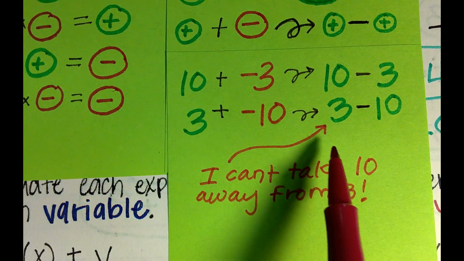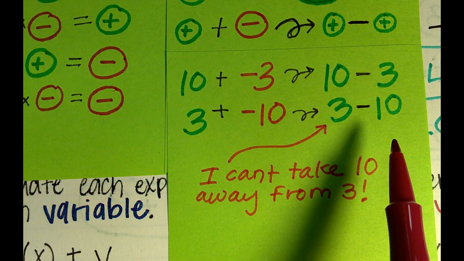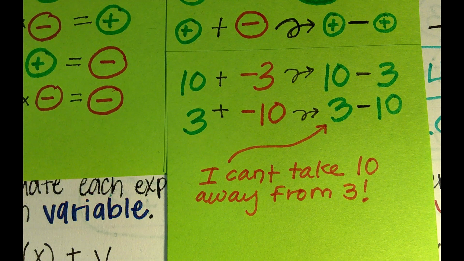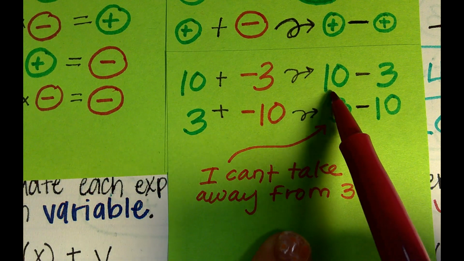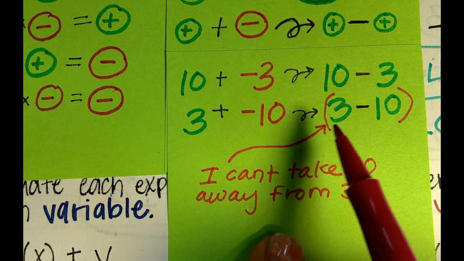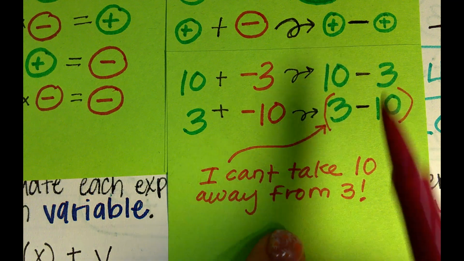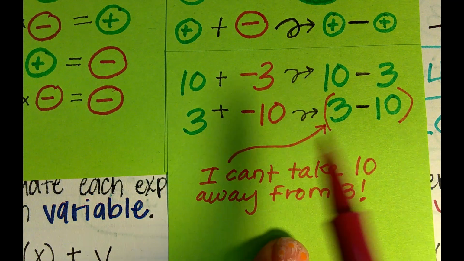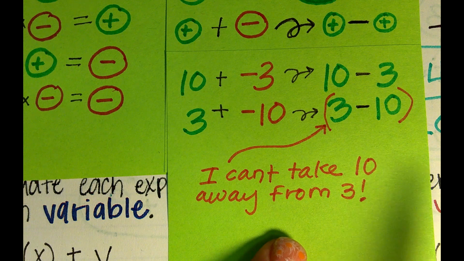So whenever you have a problem where you are trying to take away more than you have, we're going to flip the problem and also flip our answer. Meaning, if I have to reverse this to 10 minus 3, I'll still get 7, but it'll be -7. Since I flipped my problem, I flip my answer, it becomes negative.